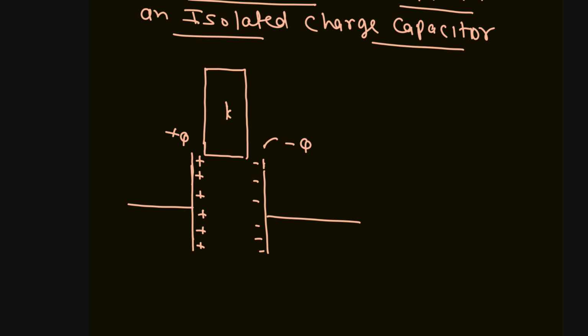When this comes in contact with the plates, because of the electric field available inside the plates of the capacitor, the dielectric becomes polarized, with negative charge at this edge and positive charge on this side.